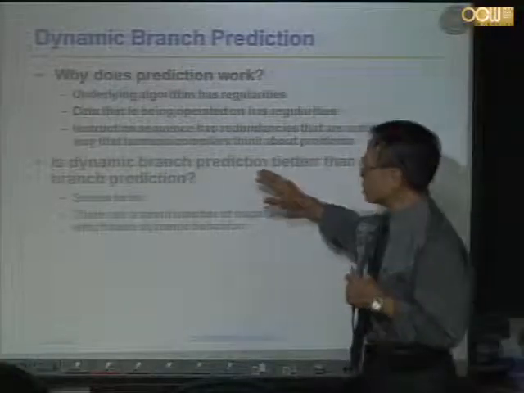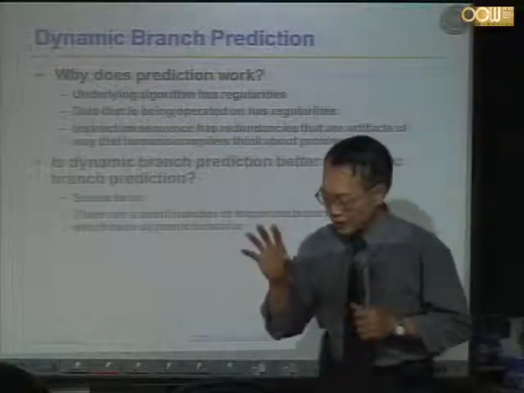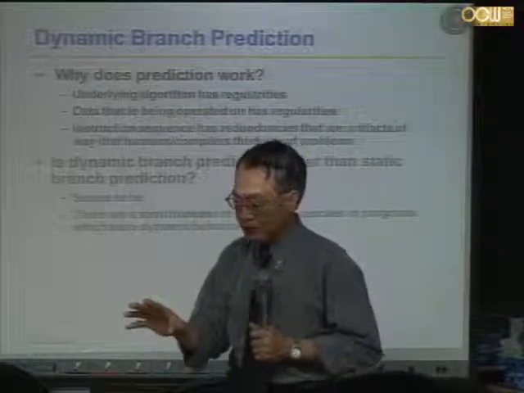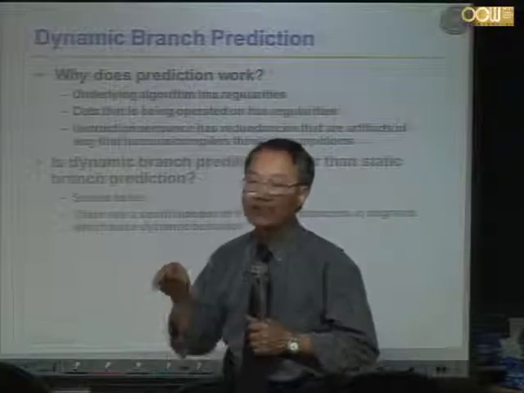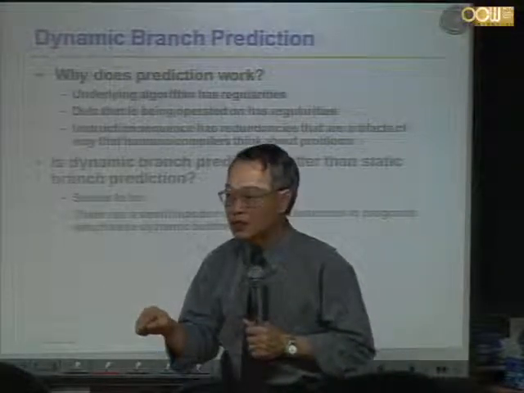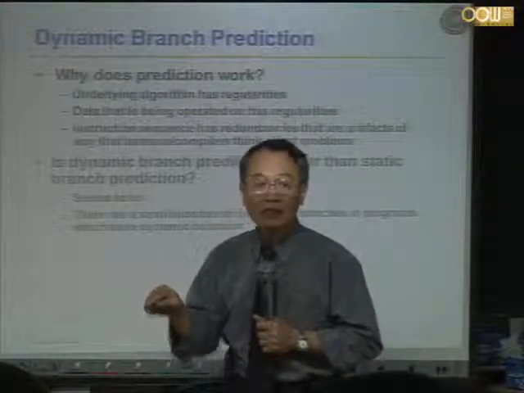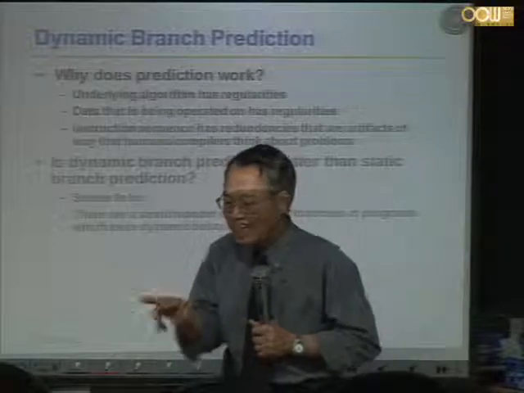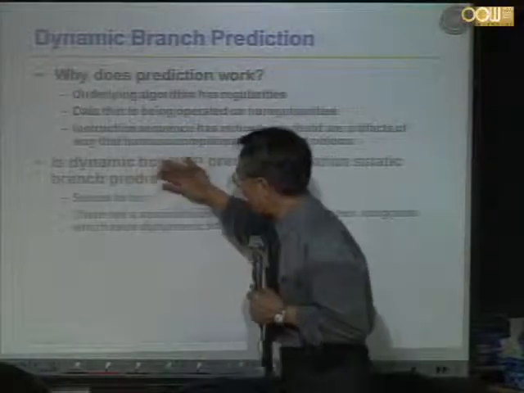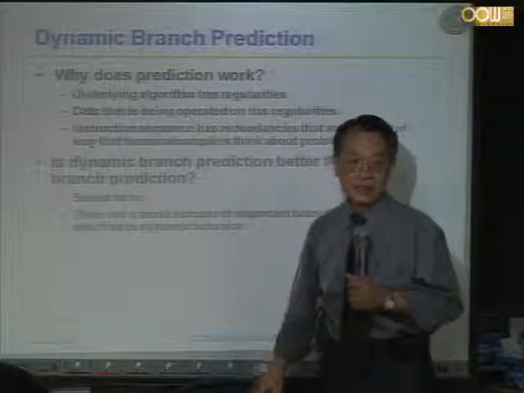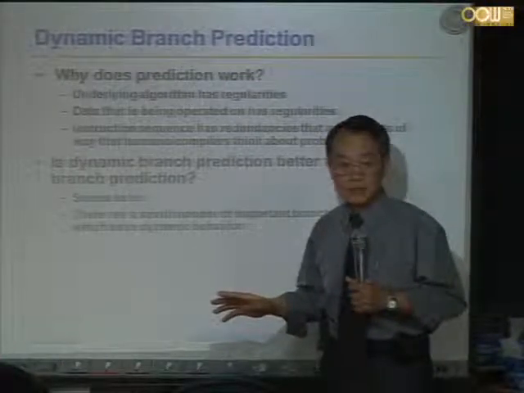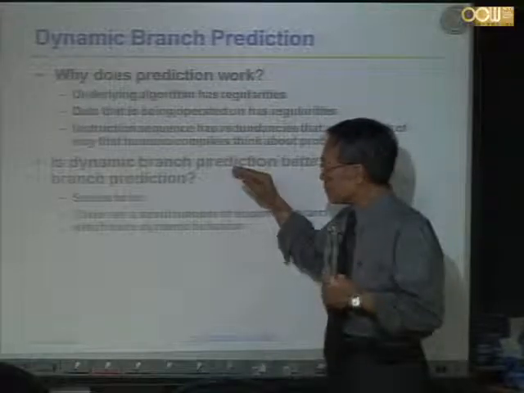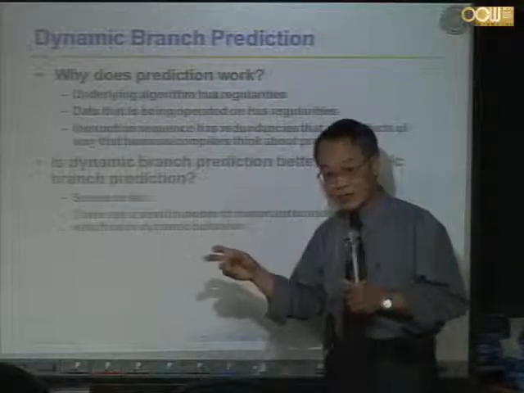Because for static prediction, usually for a certain branch instruction, we can predict only always taken or always not taken, right? It's difficult to make prediction changes for the static method. I didn't say no way, but I say it's very difficult, because then it must be based on some dynamic behavior.